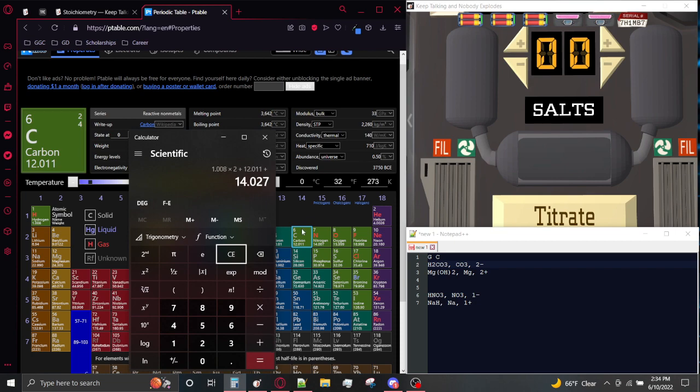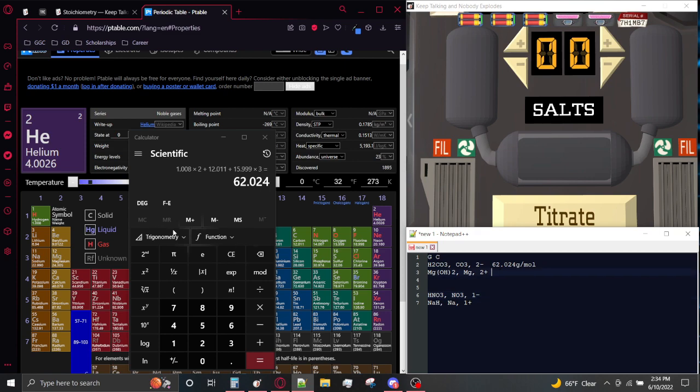And then finally, we have oxygen, 15.999, times 3, as there is a 3 after the oxygen, which gives us a molar mass of 62.024 grams per moles. Molar mass is always in grams per moles. Let's go ahead and do this for our other 3 compounds.